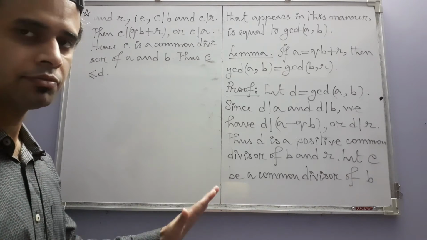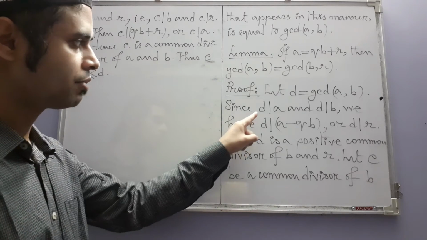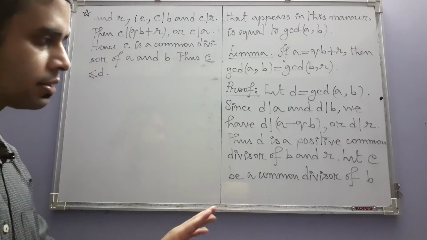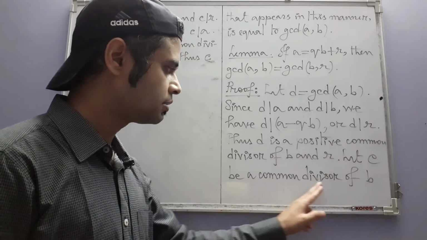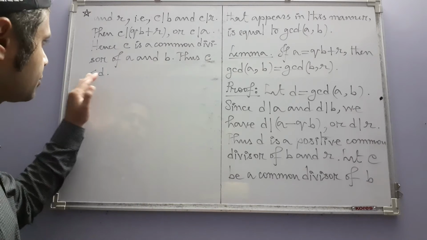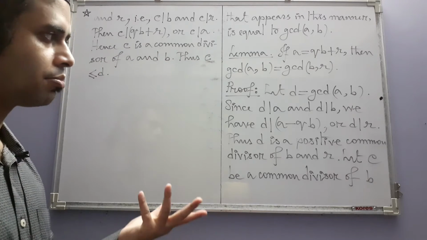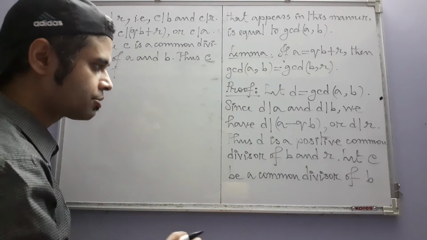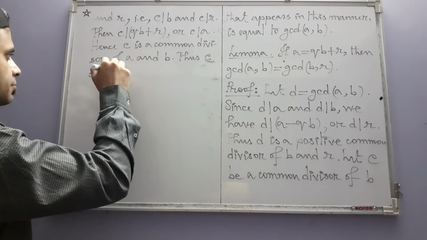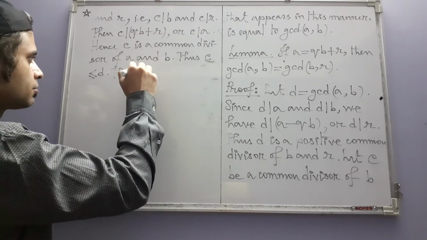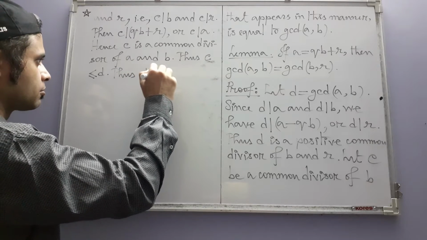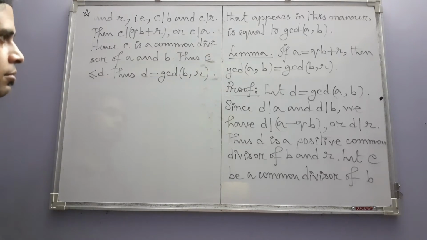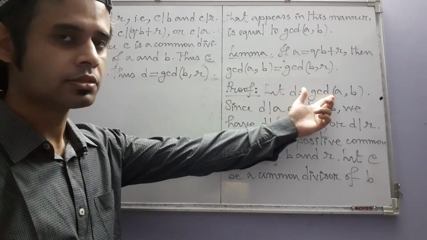So see what we have achieved. We have proved first of all that D is a common divisor of B and R. Next, taking a common divisor C of B and R, we have shown that C is less than or equal to D. So by the definition of GCD, D is also the GCD of B and R. And that's what we wanted to show, because D is this thing.